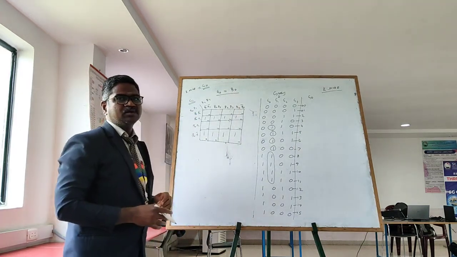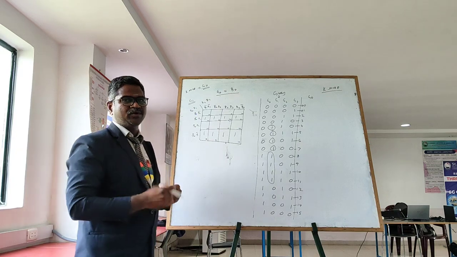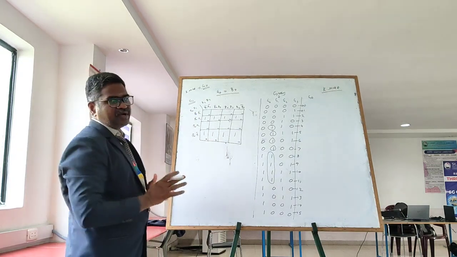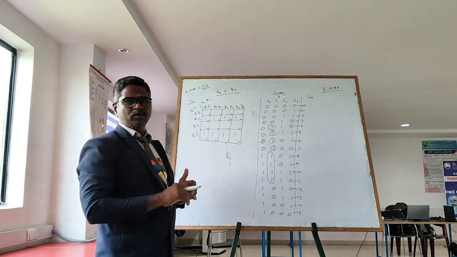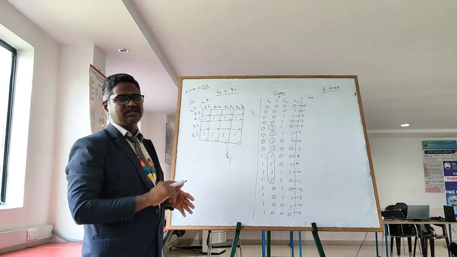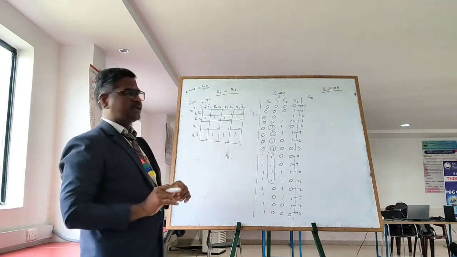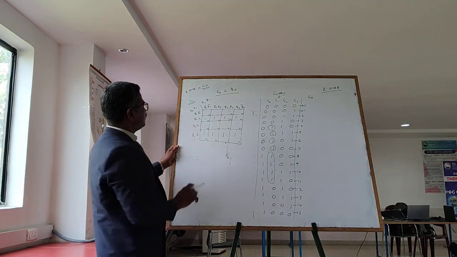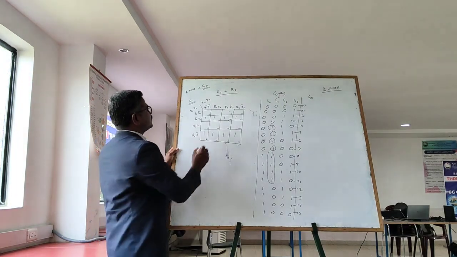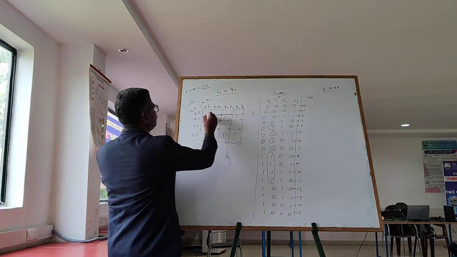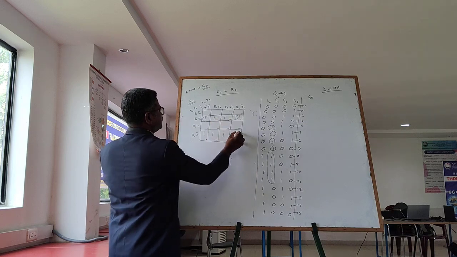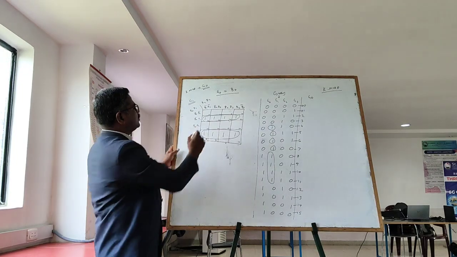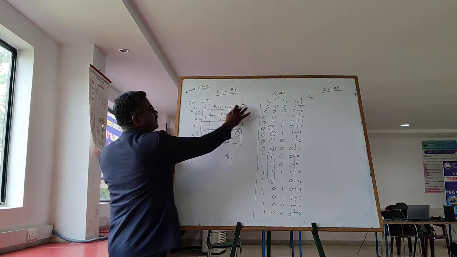Now grouping. The basic K-map grouping, if you know, we have single grouping, double grouping, 4, 8, 16. These are the possibilities for a 4-variable K-map. So here I can go for two groups of 4, right? I can take this as one group of 4 and this as another group of 4. If I make the grouping like this, all the other terms will be eliminated.